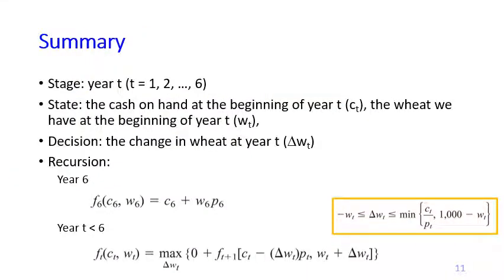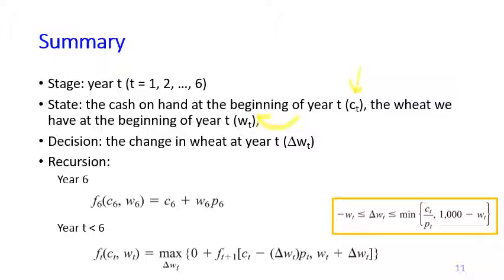Okay, to summarize, the stage is year T from 1 to 6. We have two states, the cash at the beginning of the year, CT, and the wheat at the beginning of the year, WT. How can we know that we need to have two states? Well, because to make a reasonable decision, you really need these two pieces of information.